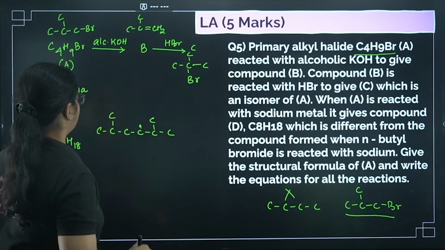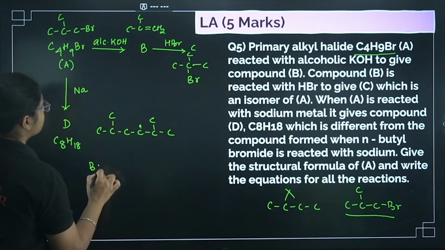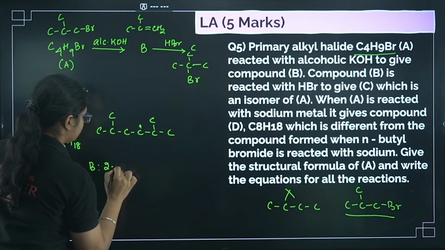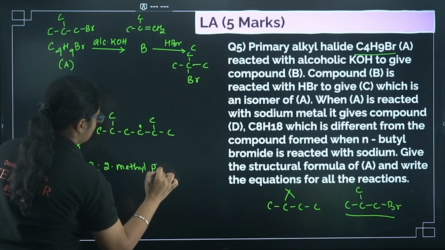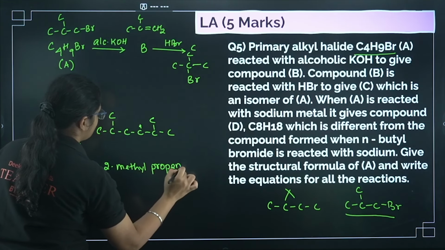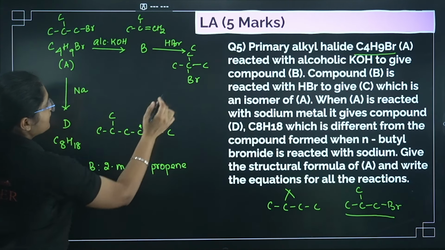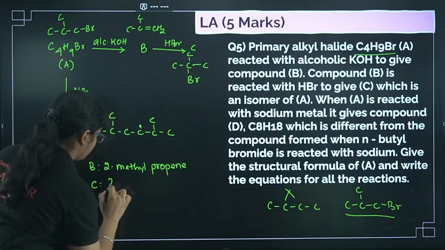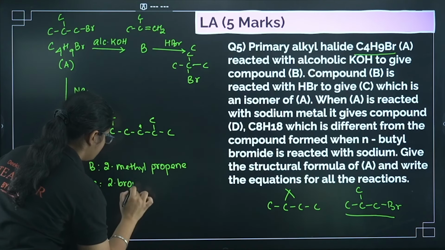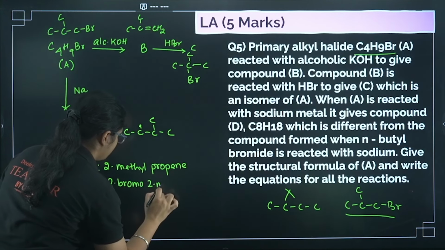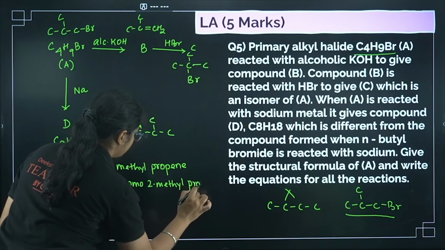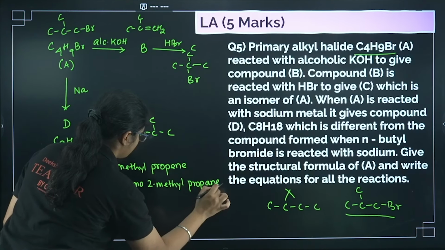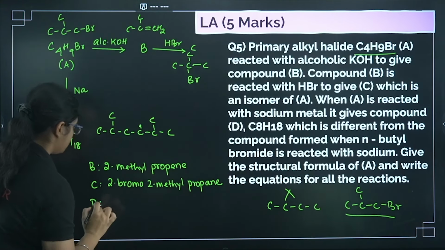First of all, B will be what? B will be 2-methyl propene. I have just drawn the structure; you have to write H also. Next, what is C here? It is 2-bromo 2-methyl propane. Next, D is what?